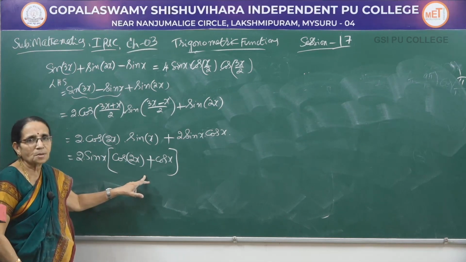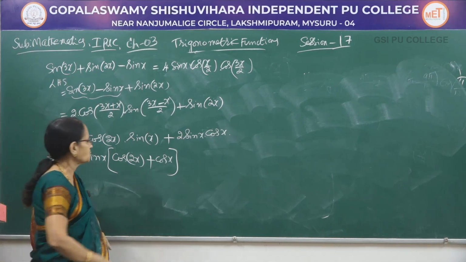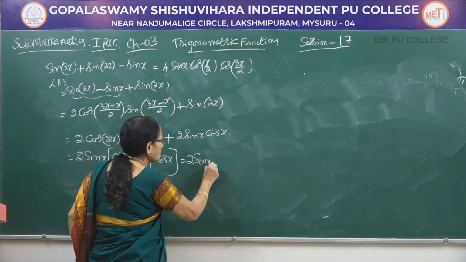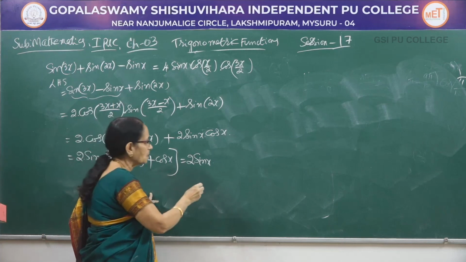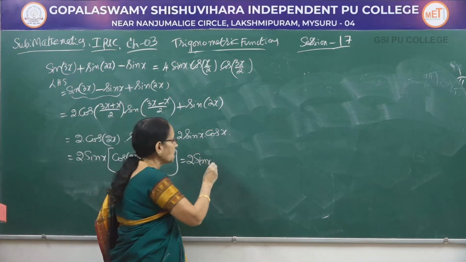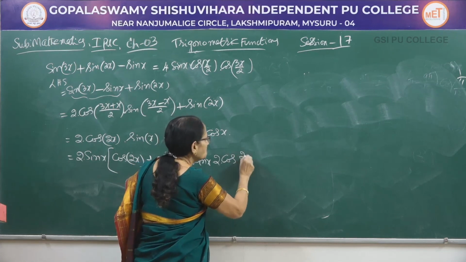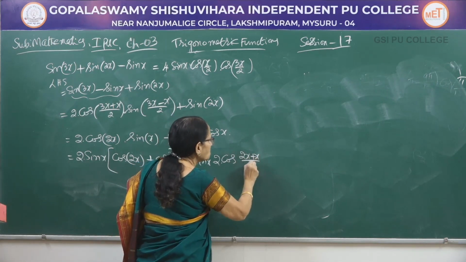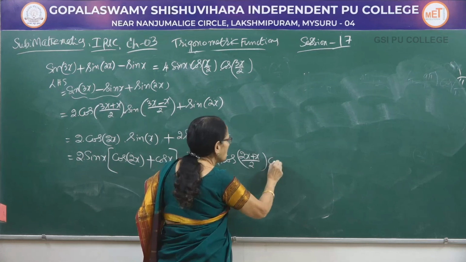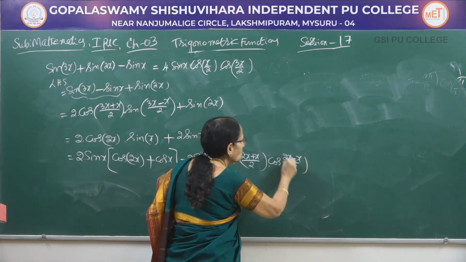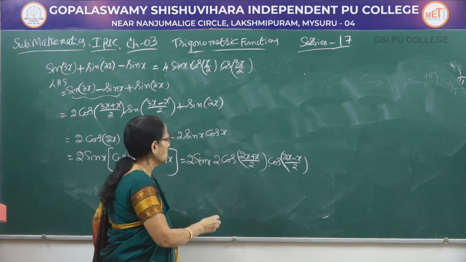See, here we made use of the sin C minus sin D formula. Which formula does it resemble? The cos C plus cos D formula. Apply the result. 2 sin x, write it, cos C plus cos D, it is purely a cosine product: 2 times cos of (C plus D) by 2, that is (2x plus x) by 2, into cos of (C minus D) by 2, that is (2x minus x) by 2.